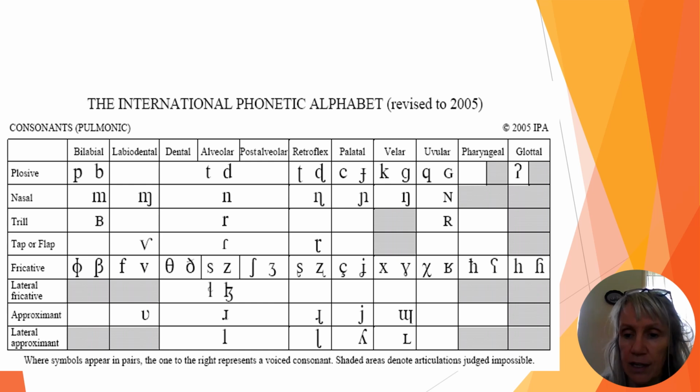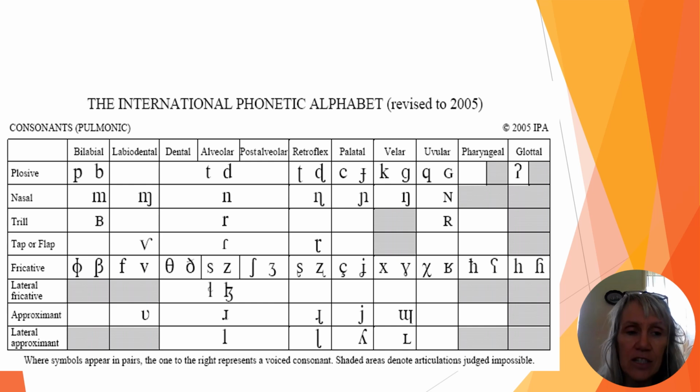So remember that the IPA is meant for many different languages other than English. These symbols are not the Latin alphabet, though they may resemble the symbols used in the Latin alphabet. They are not the alphabet. These are all regarding how we sound out our words, not how we write them.